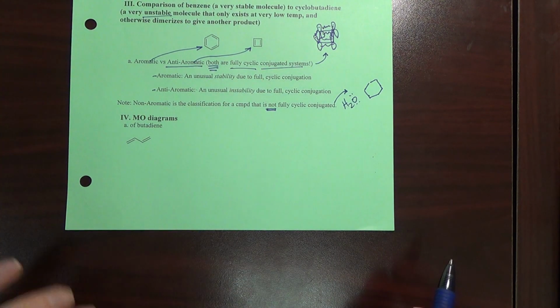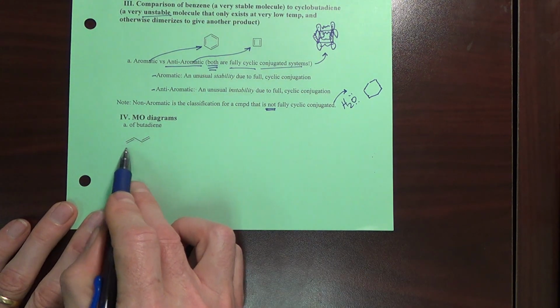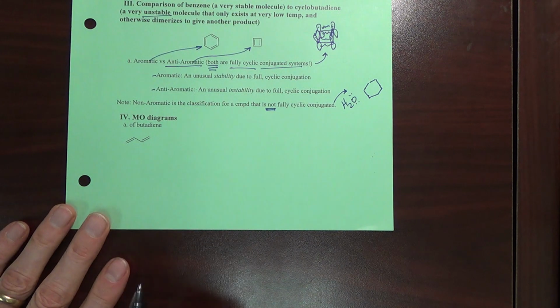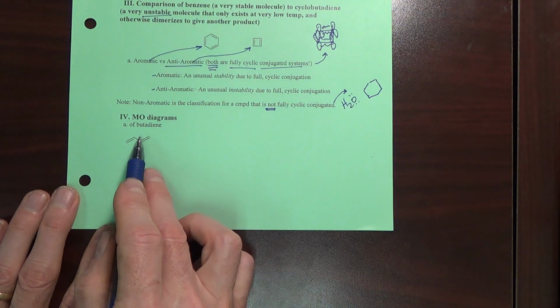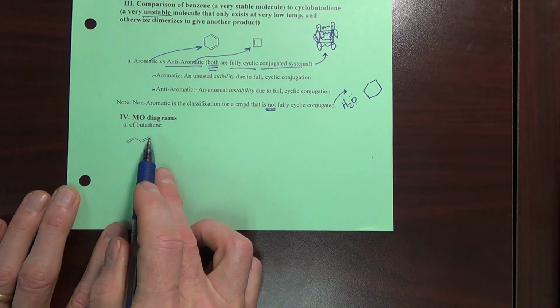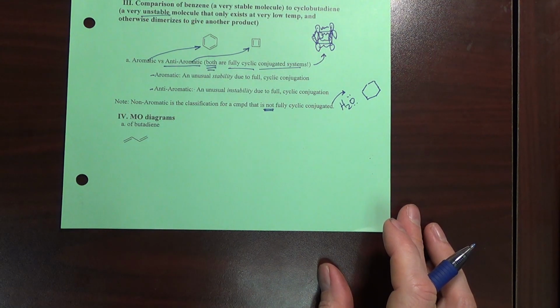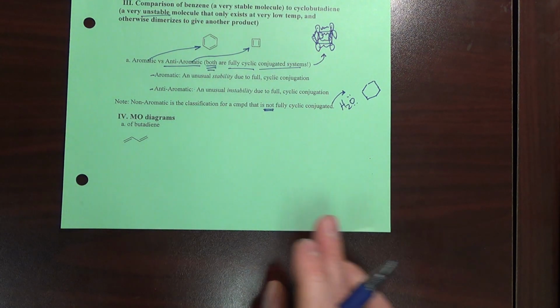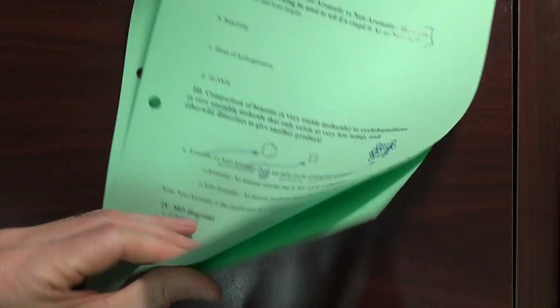Now, organic 1, we did not cover this much this past semester. But you should have some of the basis here. Hopefully you did do molecular orbital diagrams in Gen Chem. We'll build off of that. Okay? We'll do an MO diagram of that molecule.